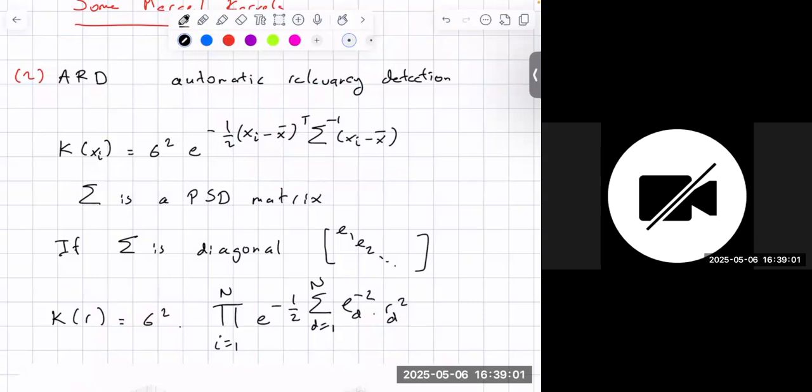So if a diagonal entry has a big number, say 1 million, the inverse will be 1 over 1 million. That means that corresponding feature starts getting ignored, more or less, okay? So the bigger the number you see here, the more that feature is ignored. And you try to fit this to your data. That's why they call it automatic relevancy detection.